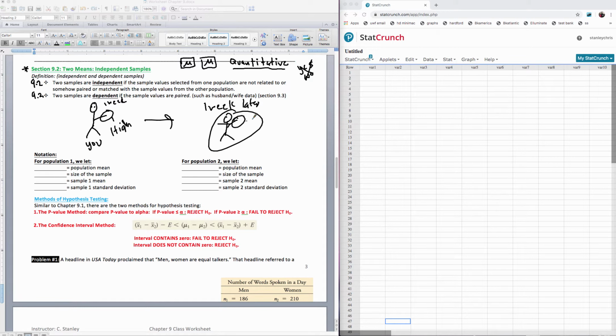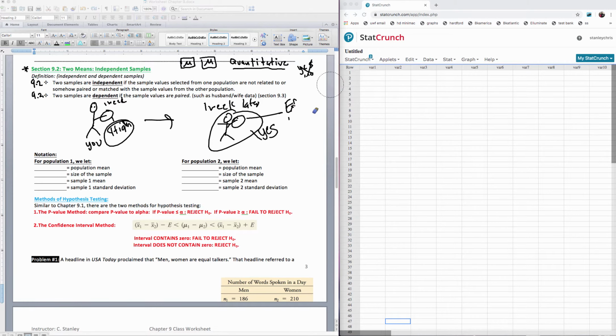Before you take the blood pressure, do you have some sort of expectation on the level of the blood pressure? I would say, yeah. If it was high then, I would expect it to be high here. Why? Because it's the same person. So since it's the same person, they're not independent, they're dependent.